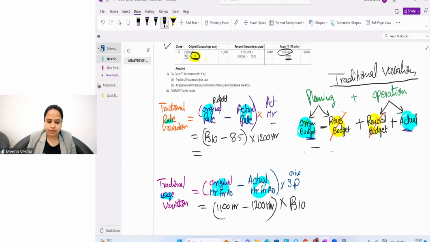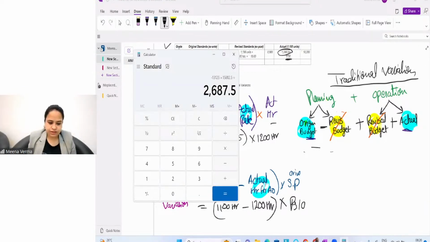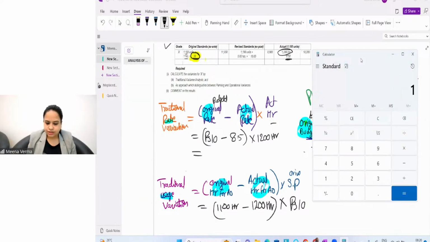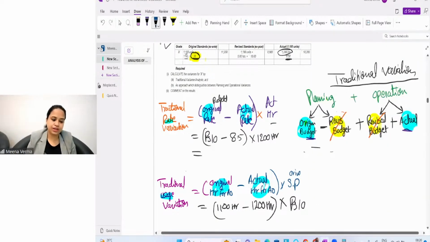Now solve it. Let's use the calculator. 10 minus 8.5 is 1.5 into 1200. This will give you 1800. It's a favorable variation.